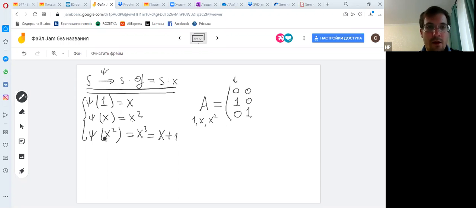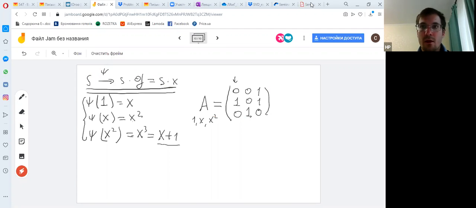And the third basis vector goes to the sum of the first and the second, so the third column equals 1, 1, 0. So this is the matrix of linear mapping psi, which is defined by S goes to Sx.